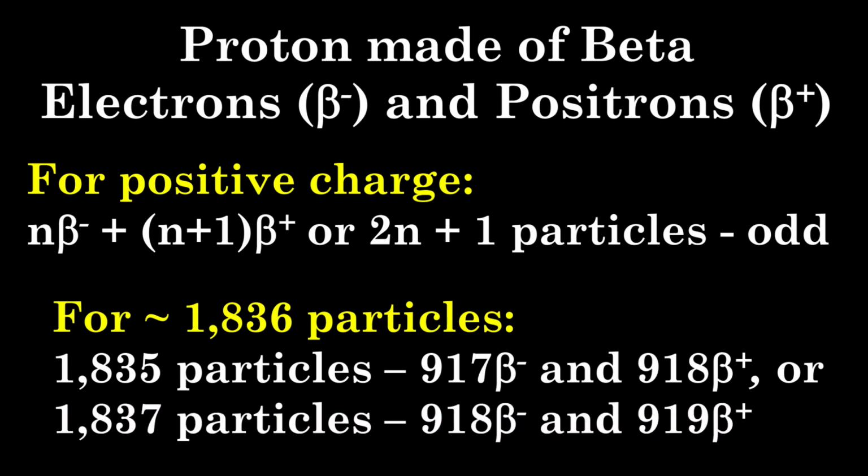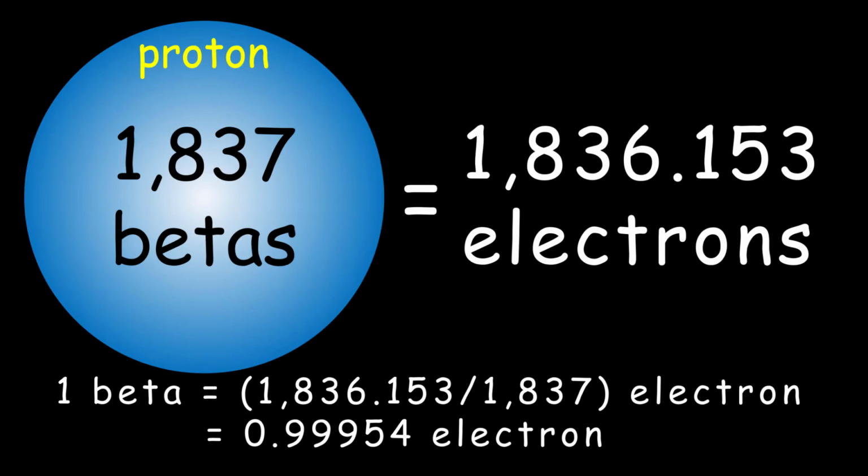That makes a proton 919 beta positrons and 918 beta electrons. With 1,837 particles making up the proton, each beta electron and beta positron in the proton is slightly less massive than a free electron, since it only takes 1,836 free electrons to make a proton.